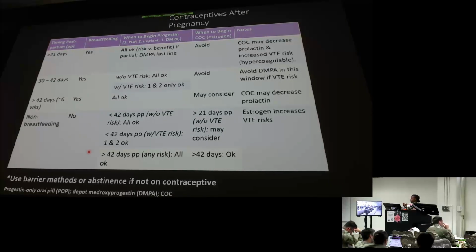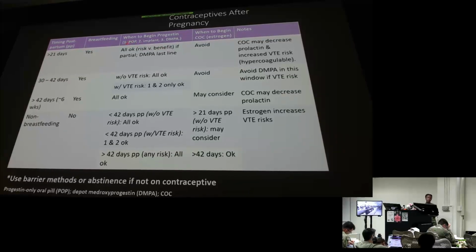So what they're using at that point is a condom, whether it's a female condom, sponge, diaphragm, whatever they have to do, that is now on them for those 6 weeks because you're not giving them anything, because you're trying to allow their body to make the milk and have their milk come in. After that, I have to decide whether and when I can introduce a combined oral contraceptive potentially.